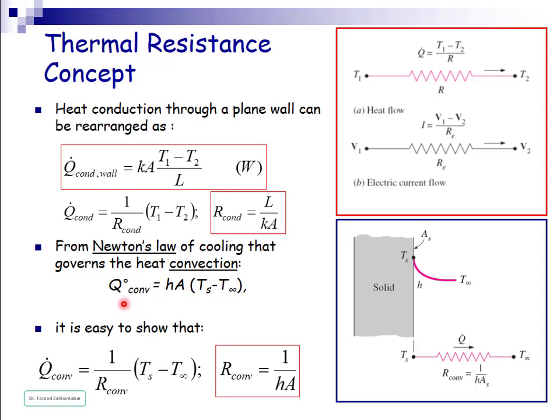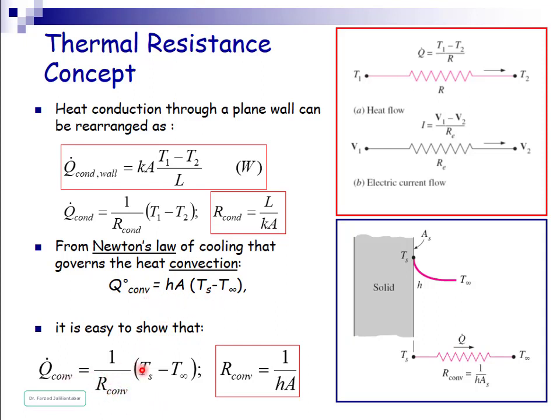We will have this equation, which we call Newton's law of cooling, which is actually the equation for the convection heat transfer from the surface to the surrounding, and h is the convection heat transfer coefficient. Then it is easy to show this equation by rearrangement of Newton's law of cooling.